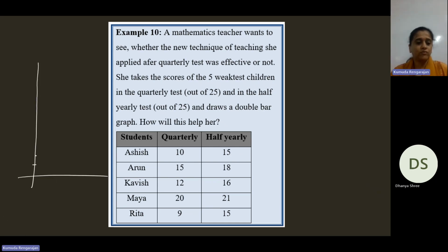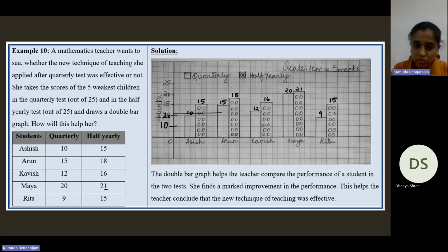You can mark 2, 4, 6, 8, 10, 12, 14, 16, 18, 20, and 22, because we have 21 now. You can take 2 centimeters. So this one you do with 2 centimeters. Also do with a scale, 1 centimeter is equal to 2 marks. So you will be marking 2 here. This will be 2, 4, 6, 8, 10.